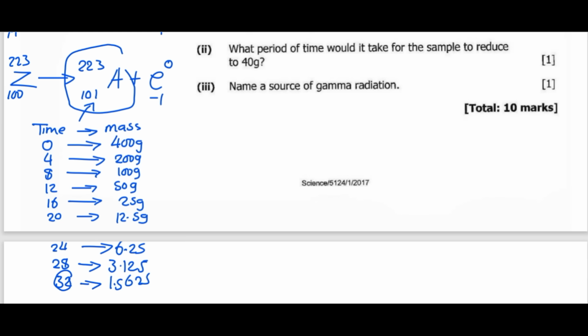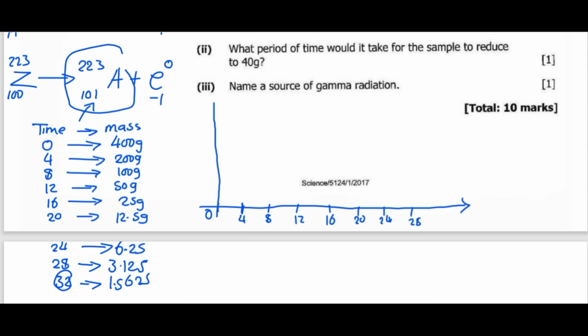Now on a graph paper, what you are supposed to do is draw the XY plane. Then on the x-axis, we have 0, 4, 8, 12, 16, 20, 24, 28, 32. We'll say time, and I know that our time is in years. Then on the y-axis, 50 can fit.